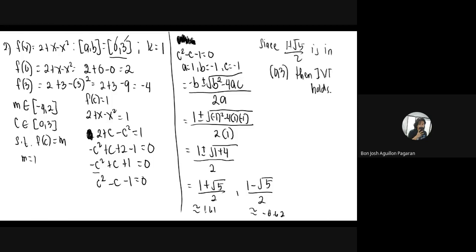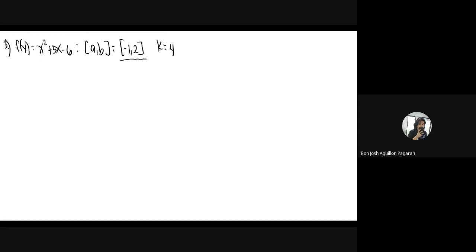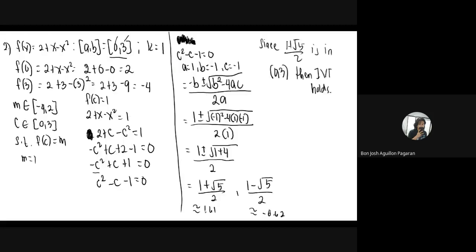C is 2. Parehas nag-satisfy, King Canilla. Kung 2 yan at saka 3, di walang nag-satisfy kasi wala sa open interval negative 1, 2 ang negative 2, 3. For Cedric, it's negative 6.53 and positive 1.53 with 1.53 satisfying the IVT. Okay, let's reveal later. Let's wait for the others. Last 2 minutes.